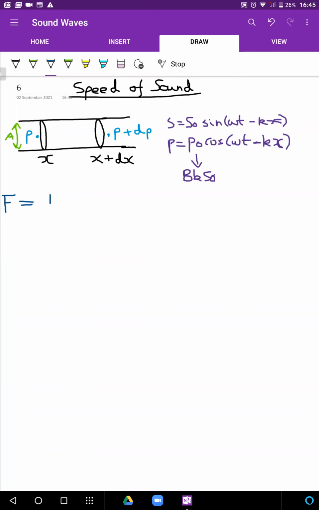Force along the x-axis is pressure into A. Okay, pressure into A. From here it is getting a force of pressure into A, and from there it is getting a force of P plus dP into A in the opposite direction. So forward PA minus backward P plus dP into A. Yes, F on our element. Okay, this element, this is our element. This is our system.